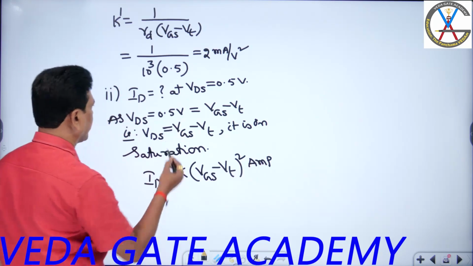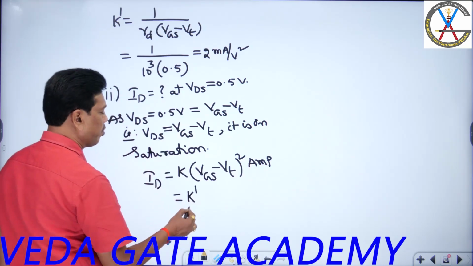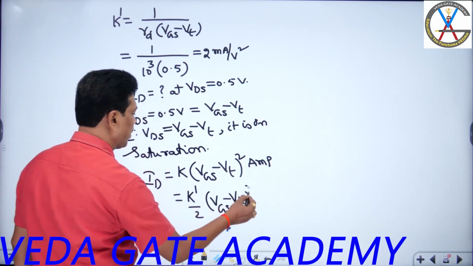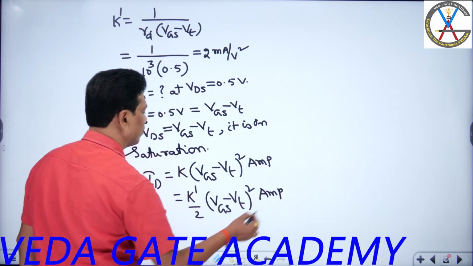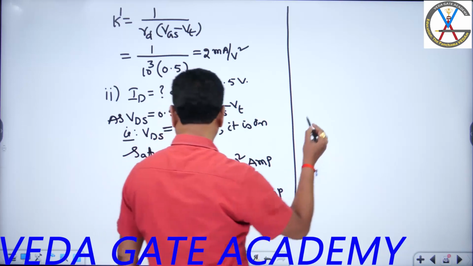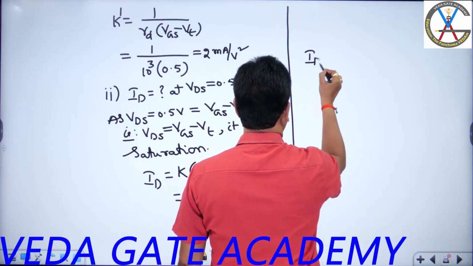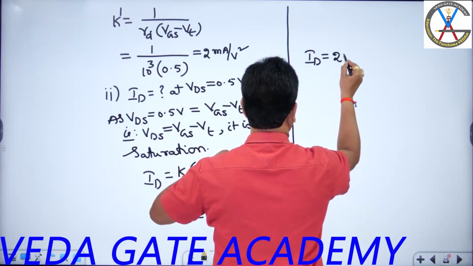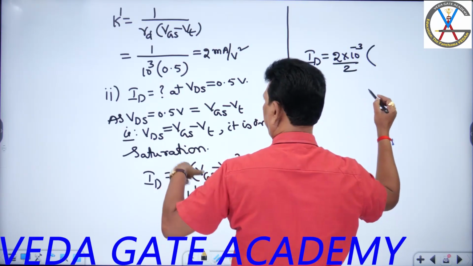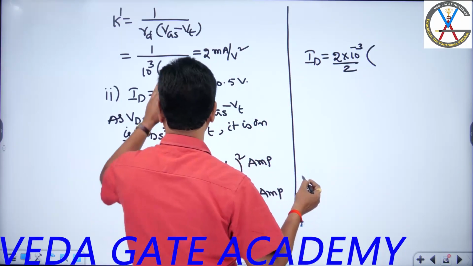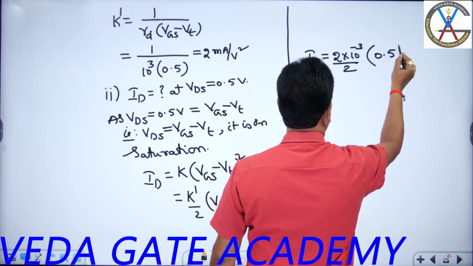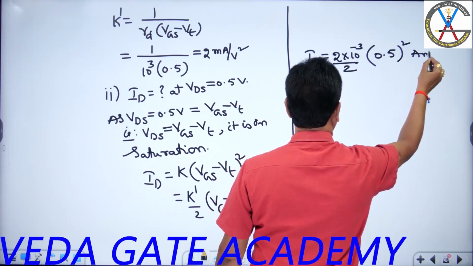But here K dash is given, sir. So K equal to K dash by 2, you know. K dash by 2 into VGS minus VT whole square ampere. Substitute K dash there. So ID equal to 2 into 10 power minus 3 by 2 into VGS minus VT, which you already know is 0.5, whole square ampere.